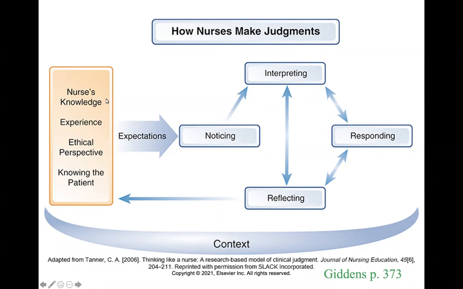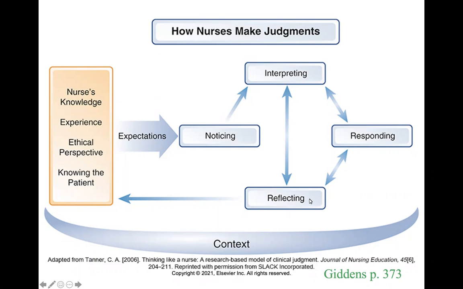We're going to learn a whole lot about medical processes and nursing practice so that we have a good knowledge foundation. We're going to build on our experience and take what we know from our clinical experience as we process clinical judgment decision making. We're, of course, going to be rooted and founded in ethical perspectives, making sure that we're doing the right thing for the patient. And then we're going to take into effect that we know the patient, because every patient really is unique.